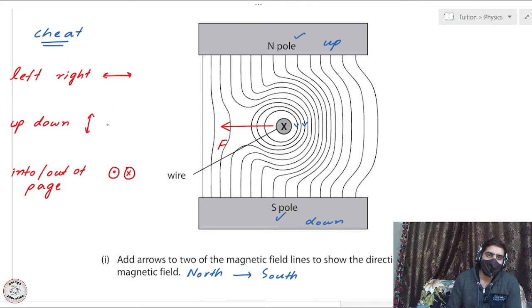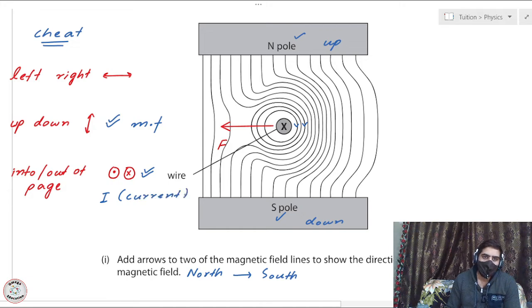So this one is already occupied by the magnetic field. All right. Then current. What about the current? Current is already occupying the into and out of the page side. Matter of fact, it is occupying into the page. But anyway, this pair of directions, into or out of the page, is already occupied by current.